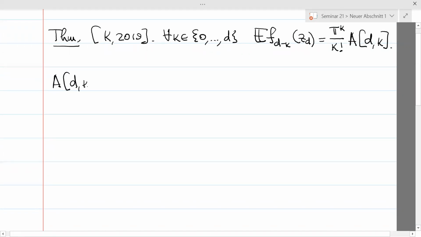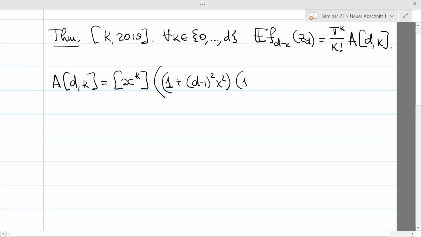A_{d,k} is the coefficient of x to the power k in the following polynomial. I take 1 plus (d minus 1) squared x squared, and then multiply it by 1 plus (d minus 3) squared x squared. The next one is 1 plus (d minus 5) squared x squared, and so on.